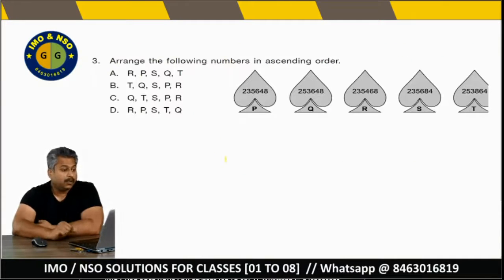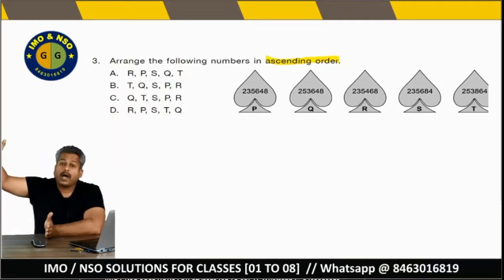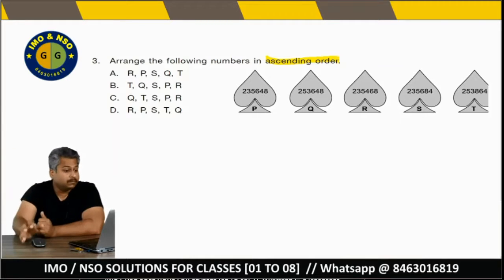In question number 3, it says to arrange the following numbers in ascending order. We know that ascending means from the smallest we have to go to the highest. There are many leaves P, Q, R, S, T which have been given.